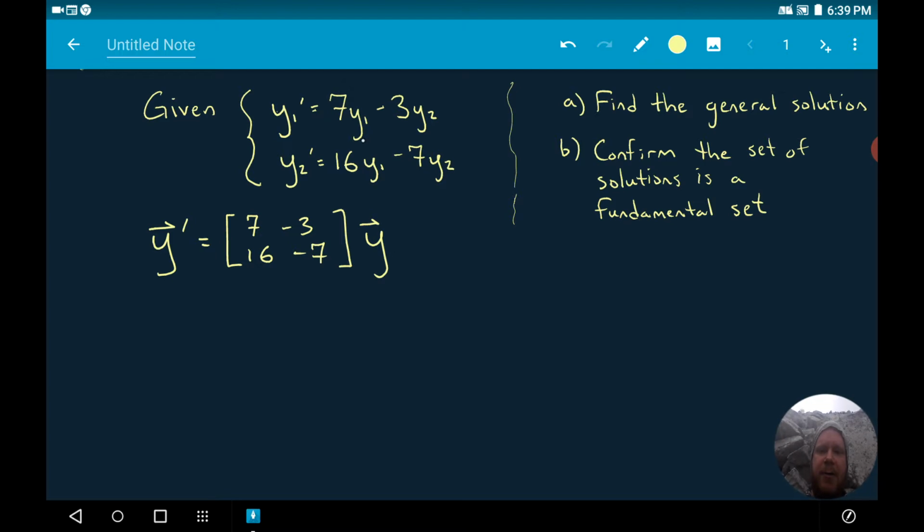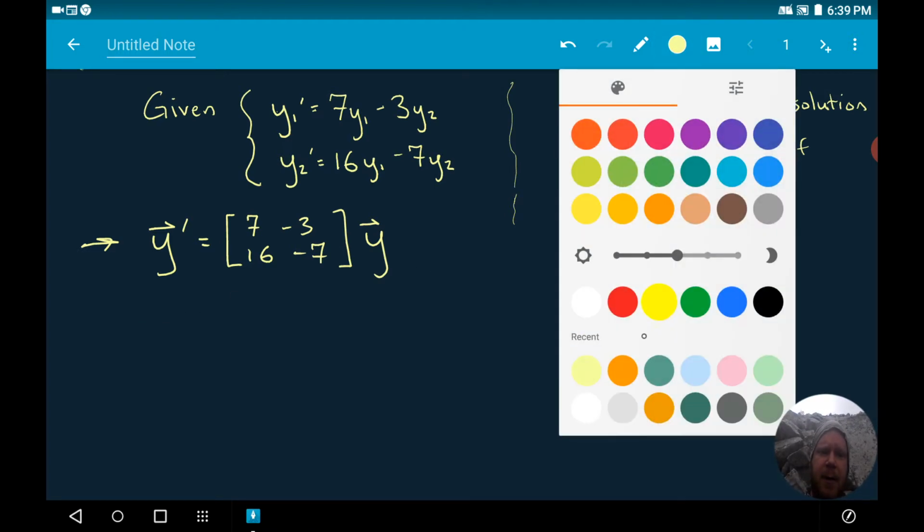So this y vector is going to be y1, y2, and this y prime vector is y1 prime, y2 prime. And so I've got my system of differential equations written in this matrix and vector form. So I'm going to start finding the eigenvalues.